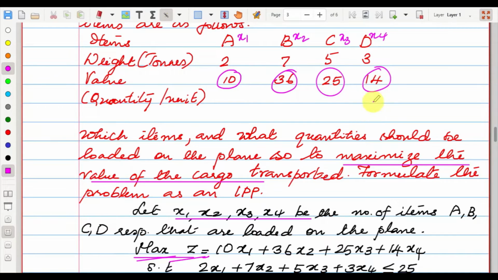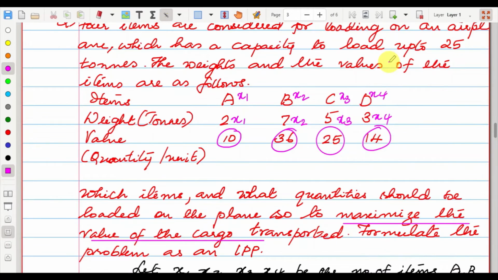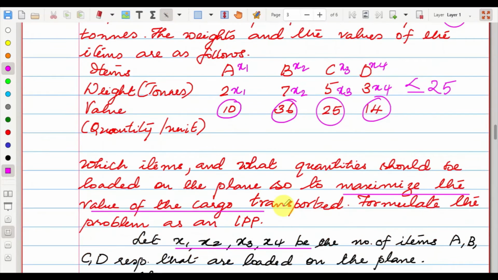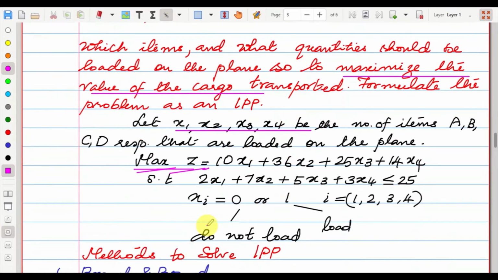Subject to 2x1 plus 7x2 plus 5x3 plus 3x4, it is less than or equal to the maximum load, which is 25. The item can be 0 or 1. It can be not loaded or loaded.